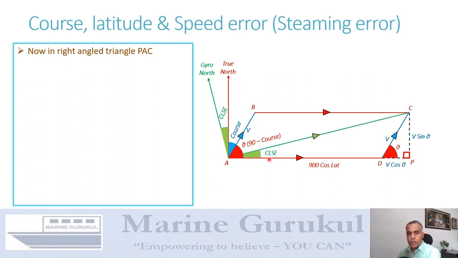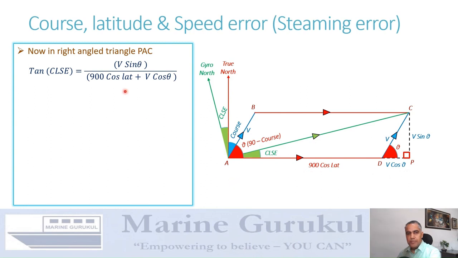Now let's take the tangent of this CLSE, tangent of this particular angle. Now tangent of CLSE will be equal to perpendicular upon base. The perpendicular in this case is going to be side Charlie to Papa, which is V sin theta. And the base is going to be alpha to Papa, which is 900 cos lat plus V cos theta.